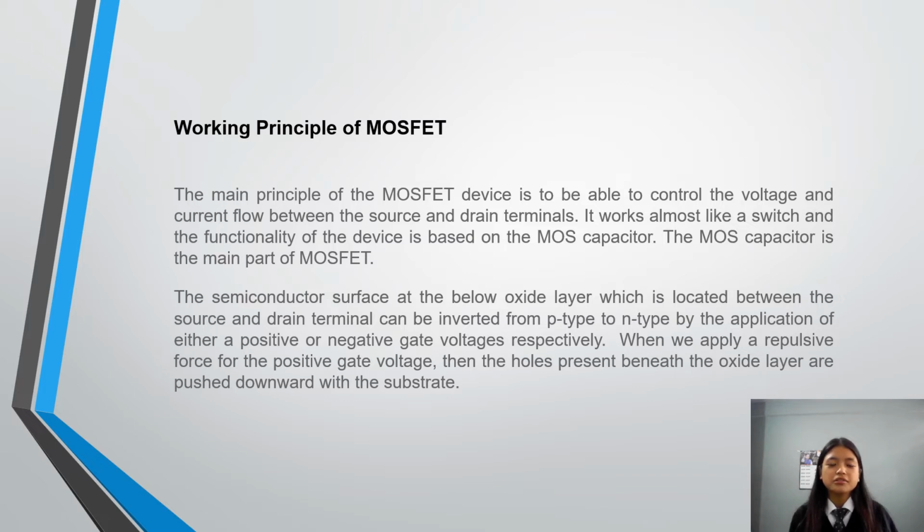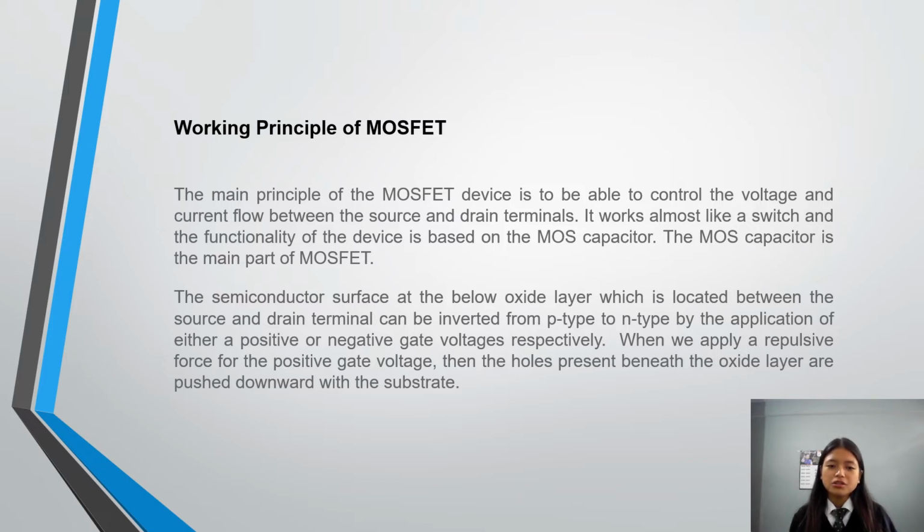Now let us discuss the working principle of MOSFET. The main principle of the MOSFET device is to be able to control the voltage and current flow between the source and drain terminals. It works almost like a switch, and the functionality of the device is based on the MOS capacitor. The MOS capacitor is the main part of the MOSFET.